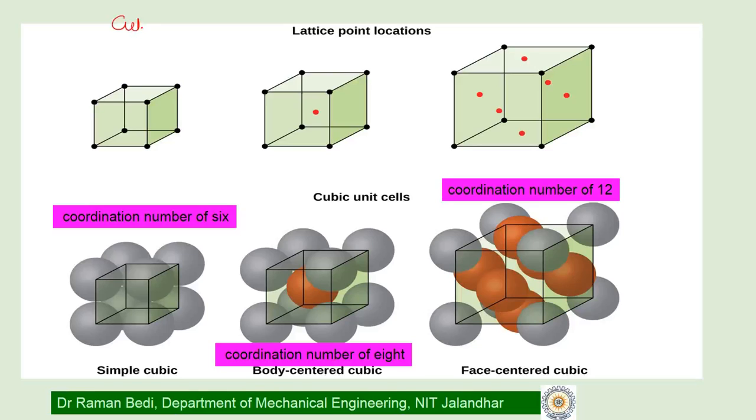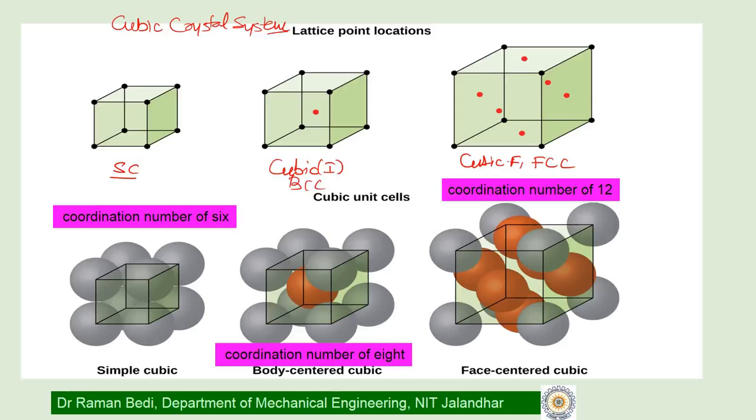So we talked about a cubic crystal system, in which you can have either simple cubic, or cubic I, also referred to as body-centered cubic, or cubic F, also called face-centered cubic.